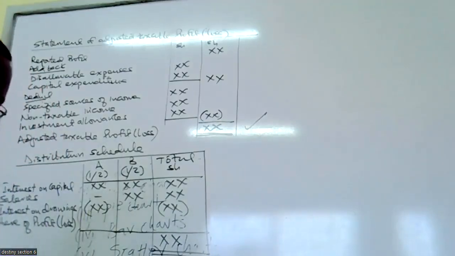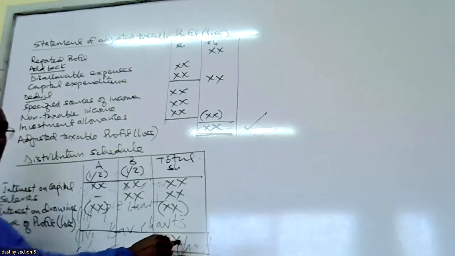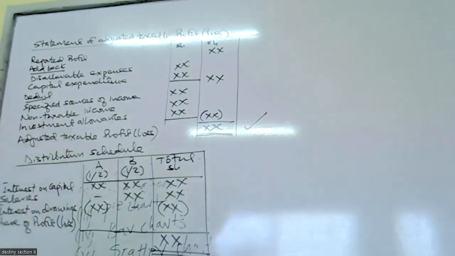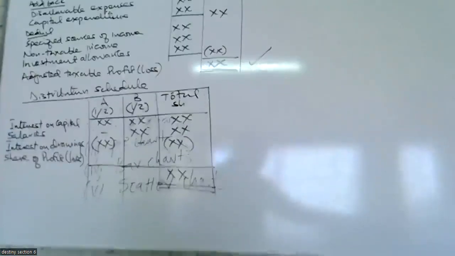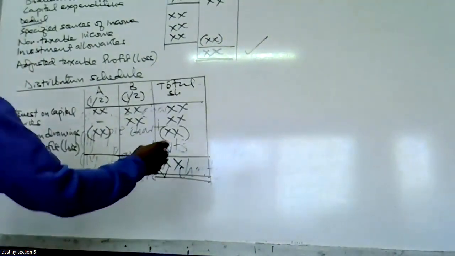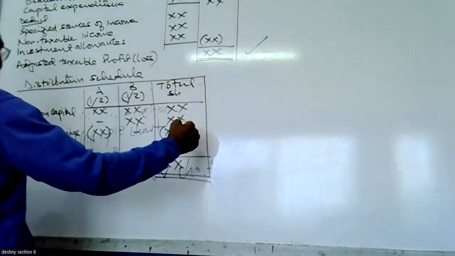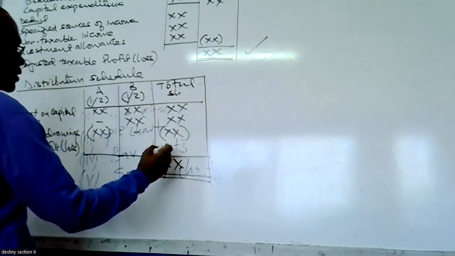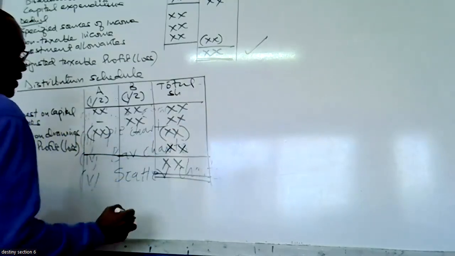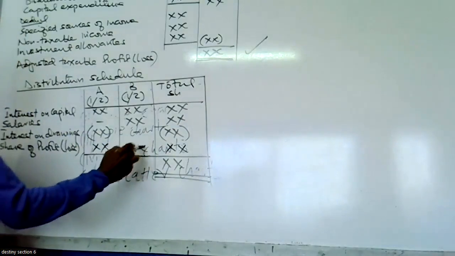Then we said put the adjusted profit in your calculator, then subtract the total column items: minus interest on capital, minus salaries, plus interest on drawings. What you arrive at is the excess. A gets half, B gets half.